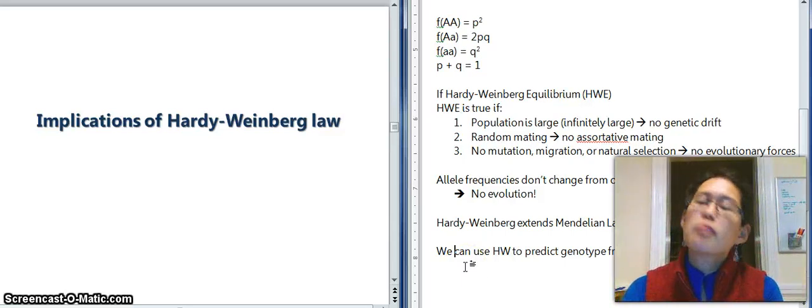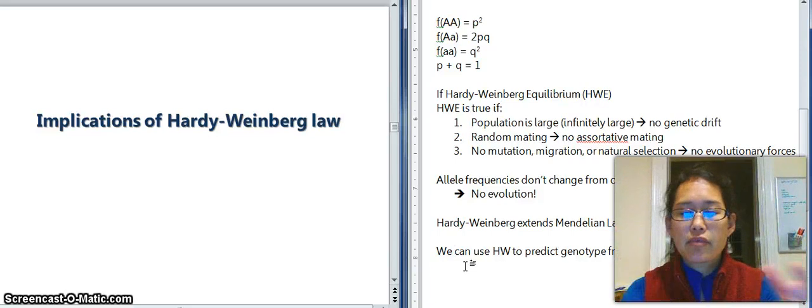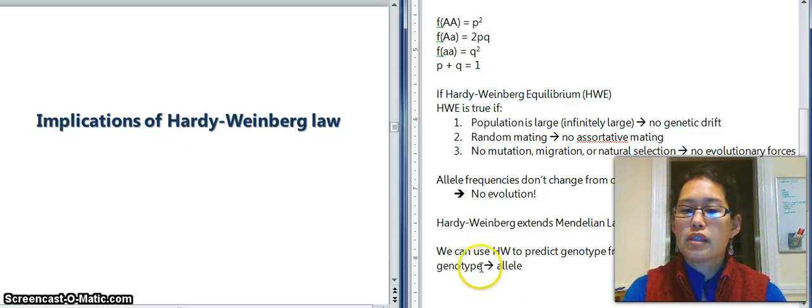So one of the implications of Hardy-Weinberg is that if we know allele frequencies, we can calculate genotype frequencies. We can always calculate allele frequencies from genotype frequencies. So we can always go from genotype frequency and calculate the allele frequency, because that's a given.